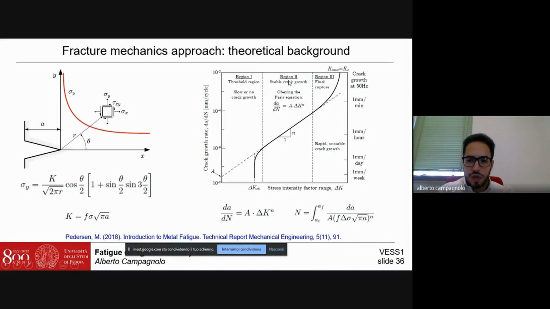Indeed, region 2, which is relevant to stable crack growth, has a simple expression which correlates the crack growth rate as a function of K with a power law. And elaborating this curve and integrating it, we can derive the estimated fatigue life.